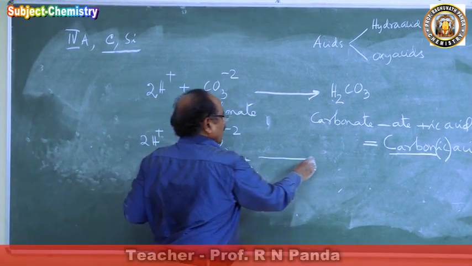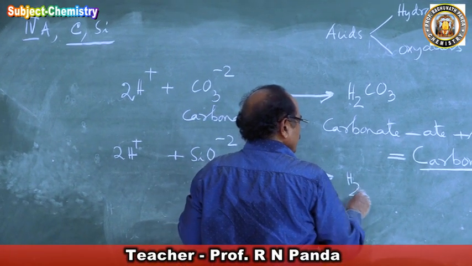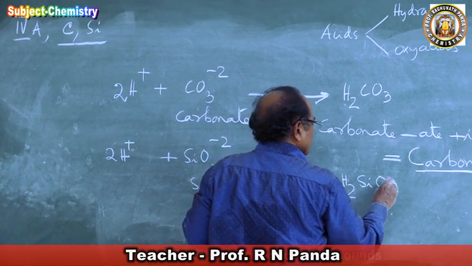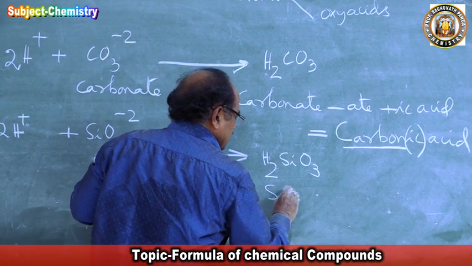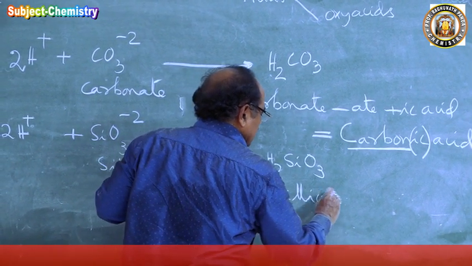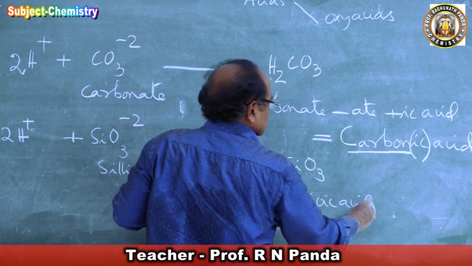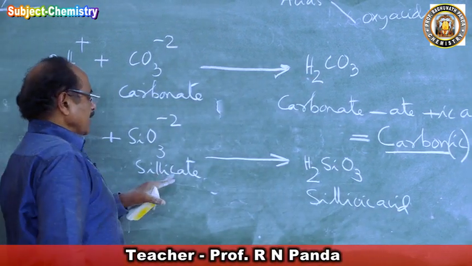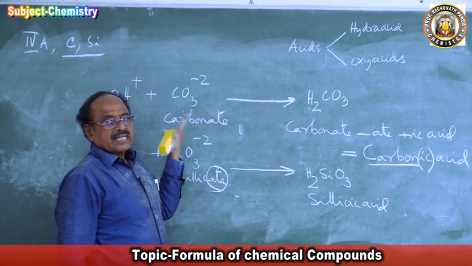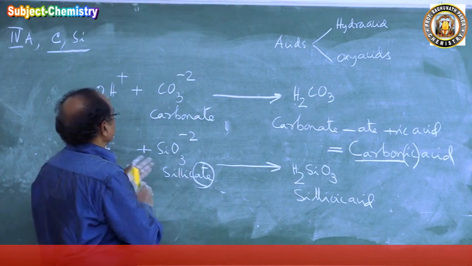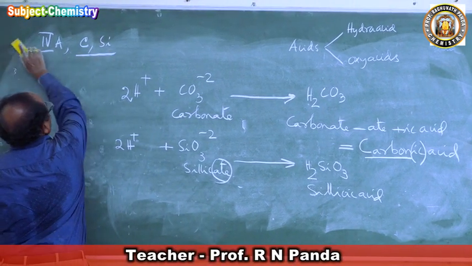So what will be the formula of the acid? H2SiO3. Silicate, ATE will go and IC acid will combine. So H2SiO3 will be silicic acid. So group 4 is over.